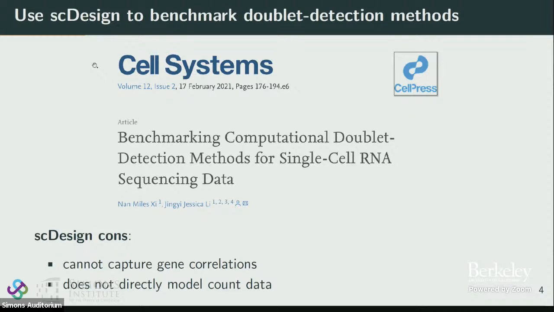That's okay from the perspective of differential expression because we look at genes one by one. But for other analysis, this is not okay because the cells are not that realistic. And also in scDesign, we first do a log transformation of the counts and then use normal distribution. That's considered not as straightforward as modeling counts directly.